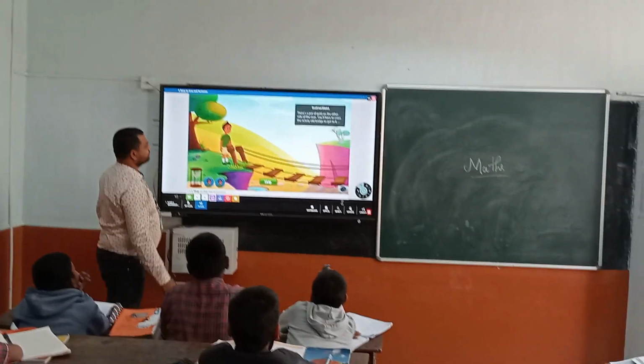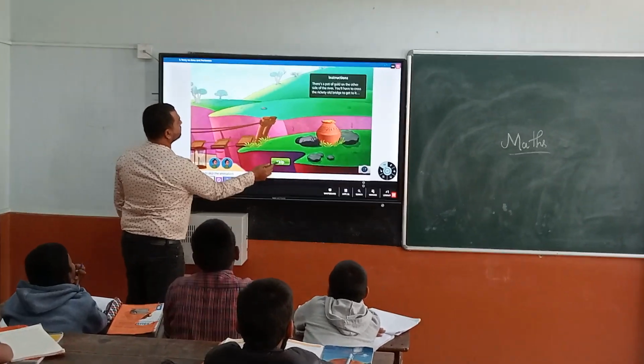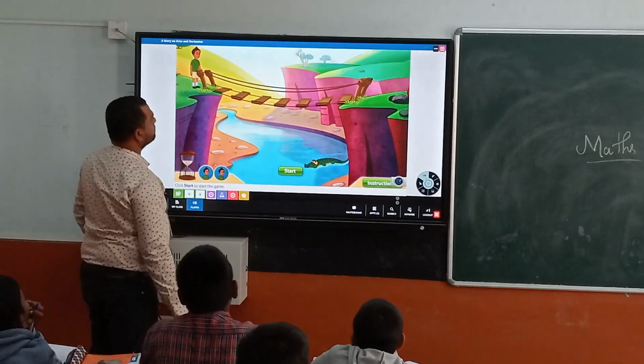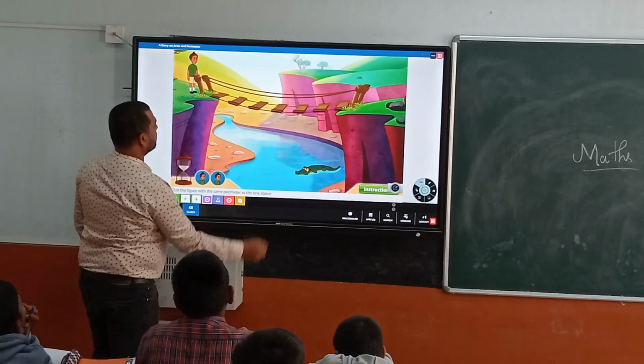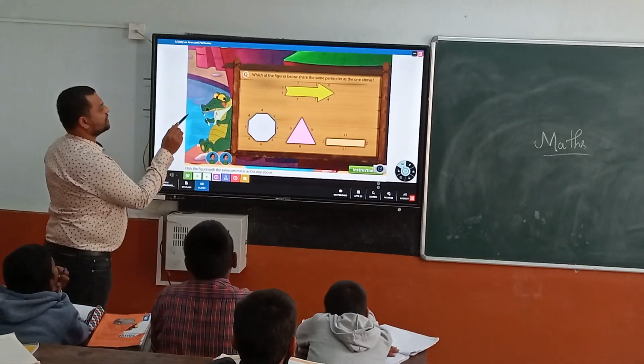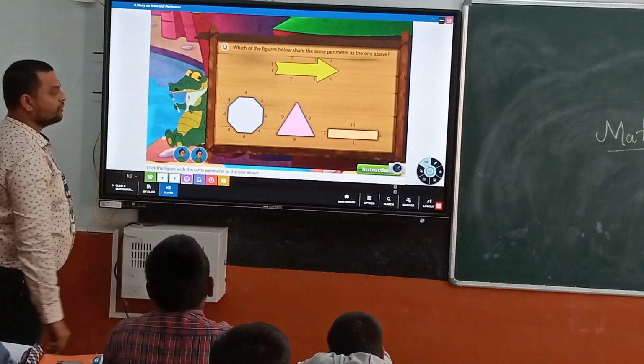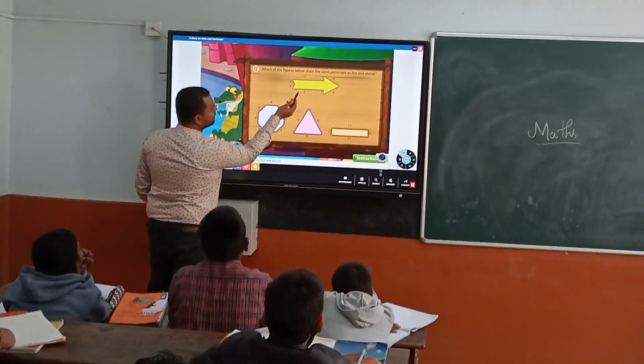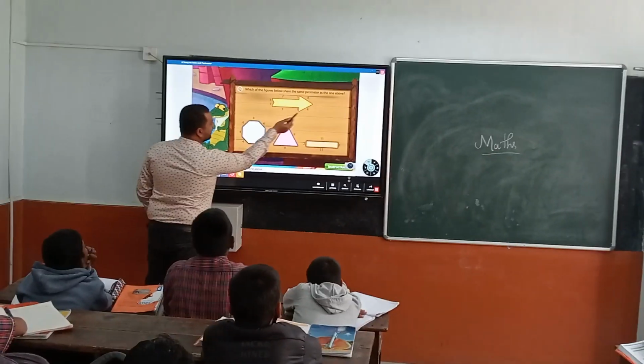Cross the rickety old bridge to get to the pot of gold. Which of the figures below share the same perimeter as the one above? Once you observe here, what is the perimeter of this shape?